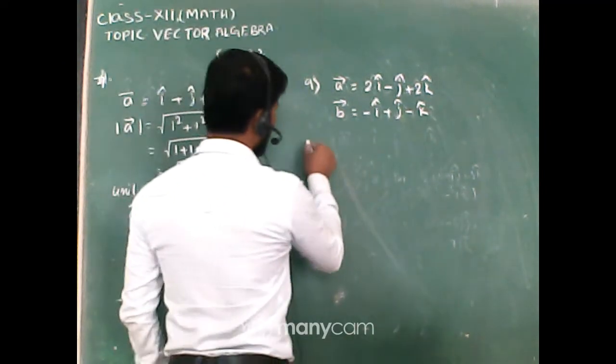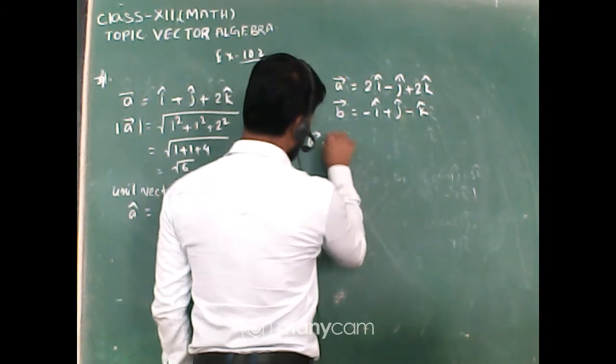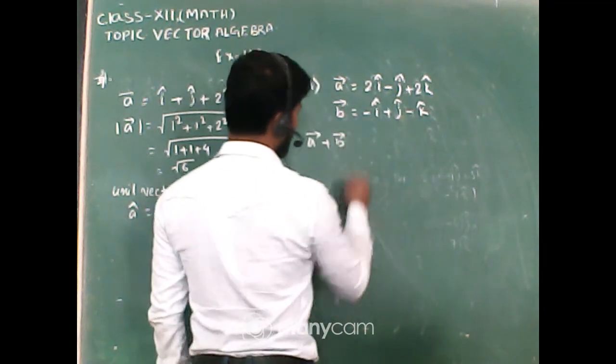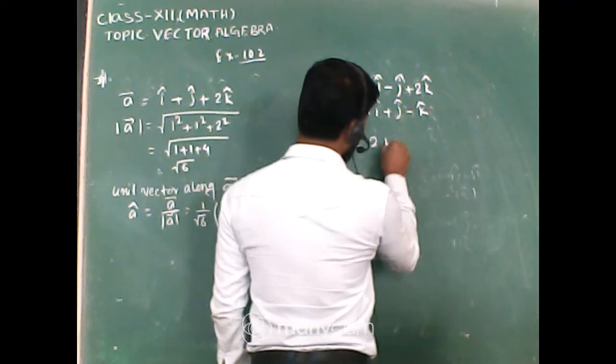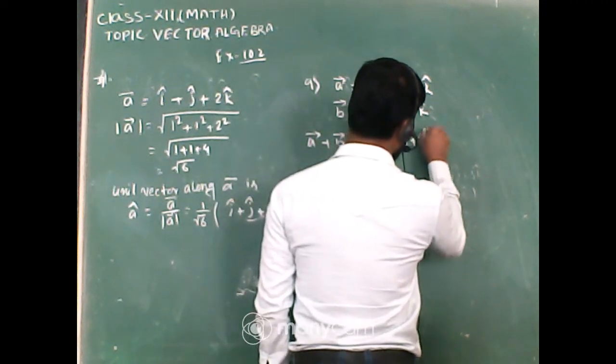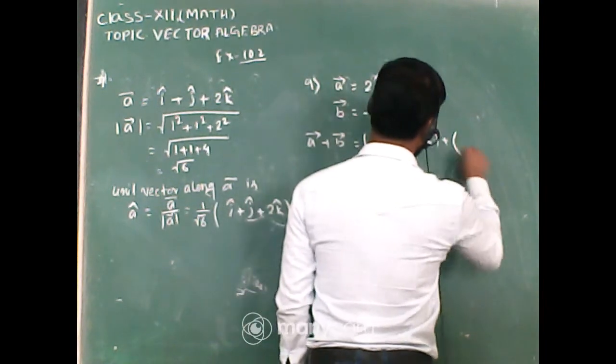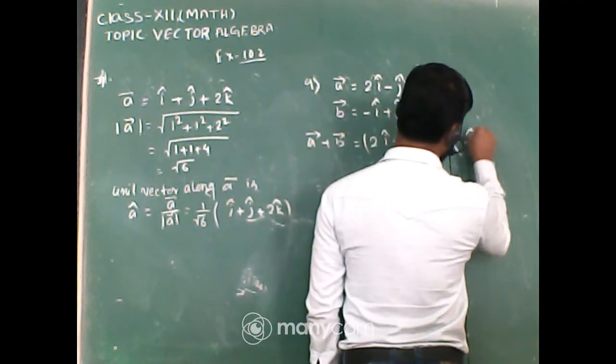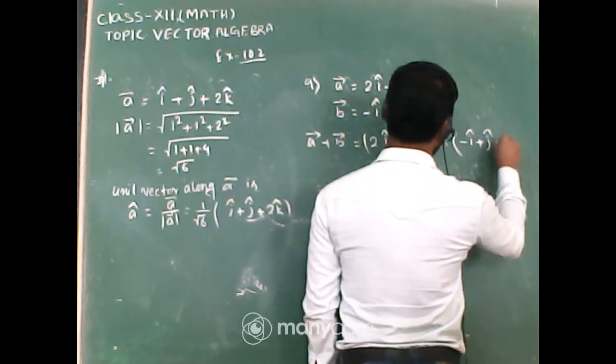So first find A plus B. A vector plus B vector is equal to 2i minus j plus 2k plus minus i plus j minus k.